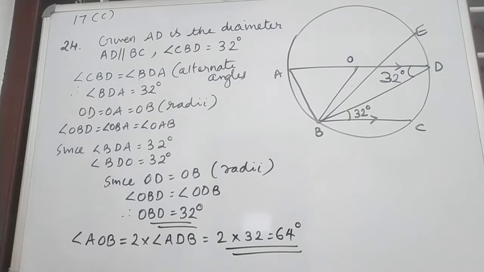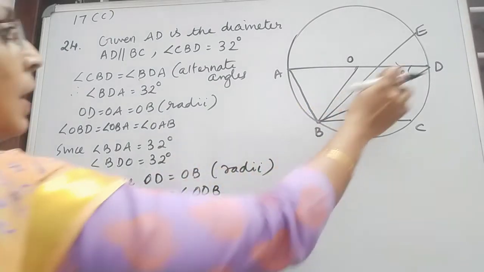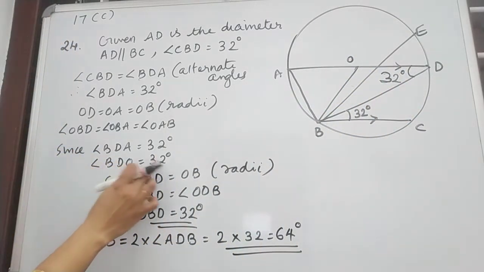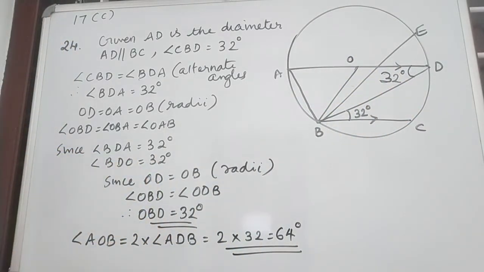OA, OB and OD are the radii of the circle. So opposite angles will be equal. Angle opposite to a particular side, a radius, will be equal. Since angle BDA is equal to 32, instead of BDA we can write it as BDO also as 32 degrees.